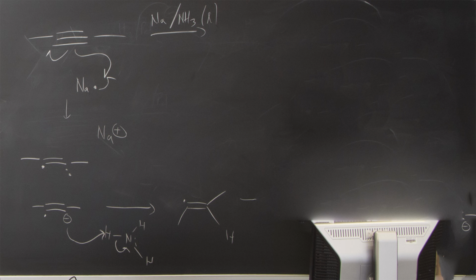Now we have a second round where another sodium gets involved, giving up its electron. Now we're not going to have to break a pi bond to get a radical to work with. There's already one there.